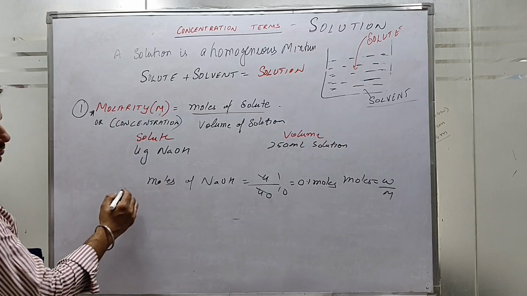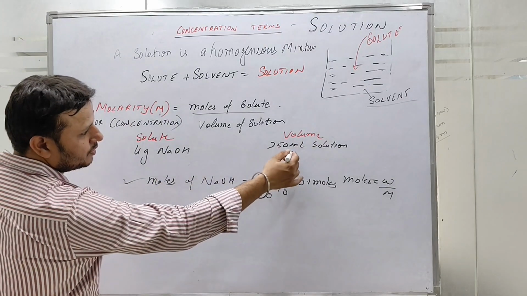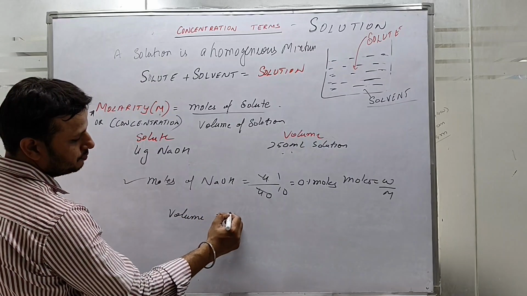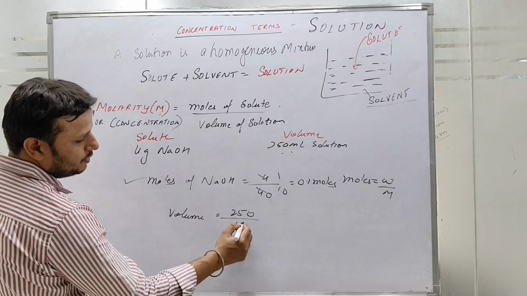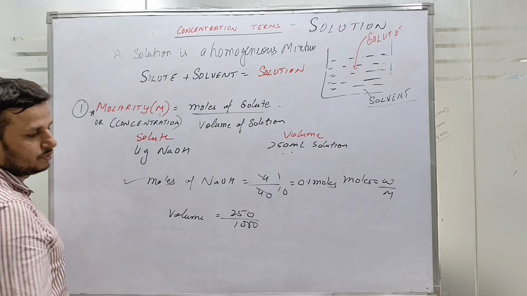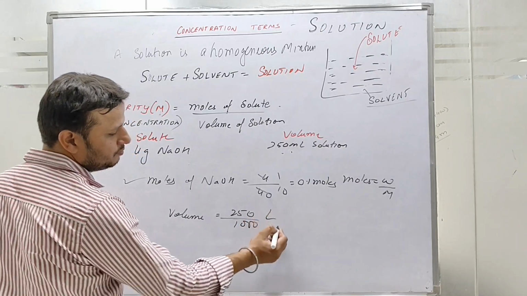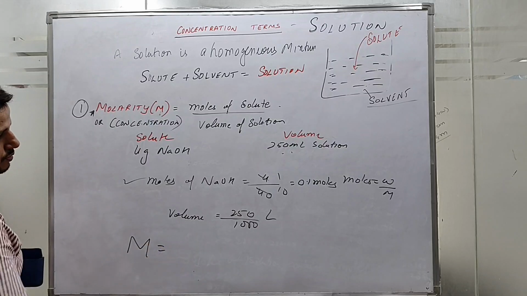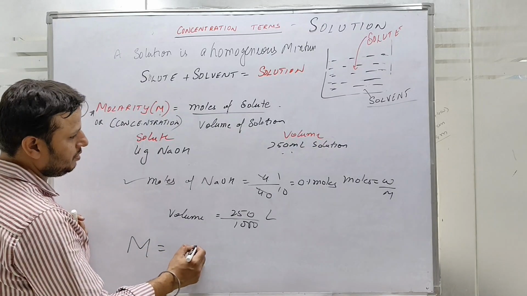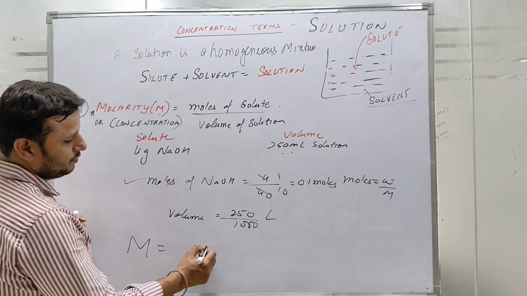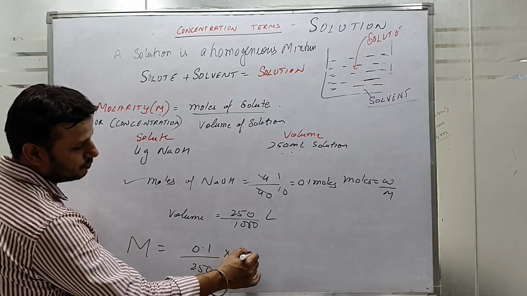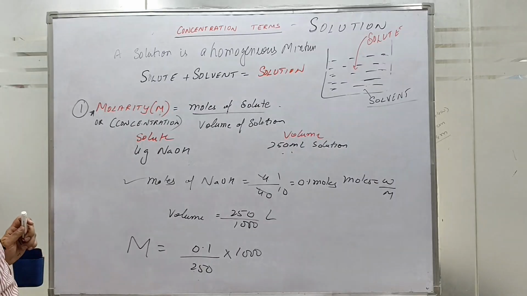So this is moles, and volume we are given directly. The volume we are given in ml, so we will divide it by 1000 so that it becomes liters. So molarity is equal to 0.1 divided by 250, and the 1000 will go on the numerator.